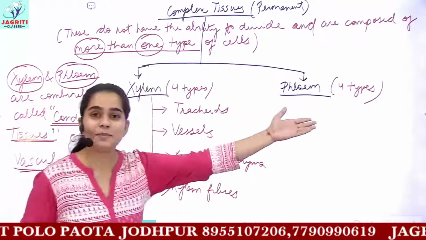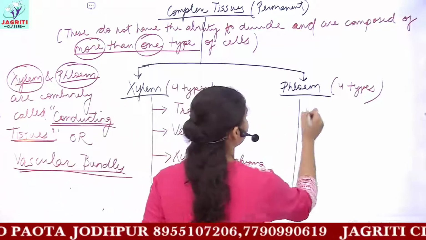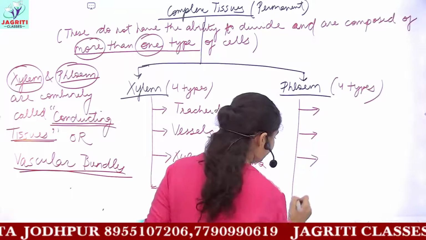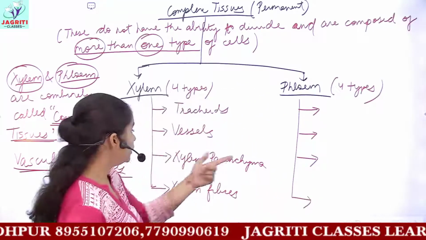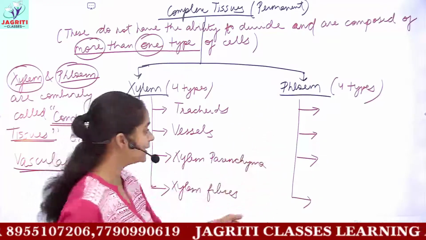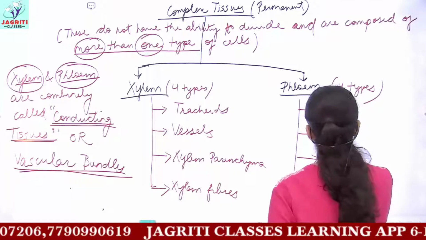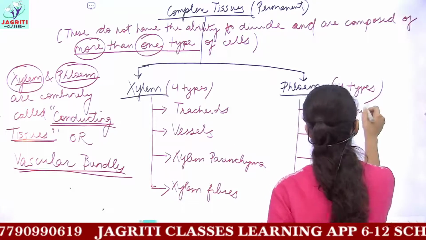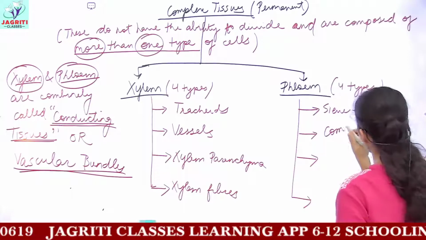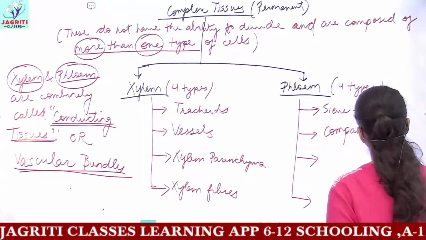In a similar manner, phloem is also made up of 4 different types of cells. The parenchyma and fibers are the same for phloem, and the remaining are sieve tubes and companion cells.